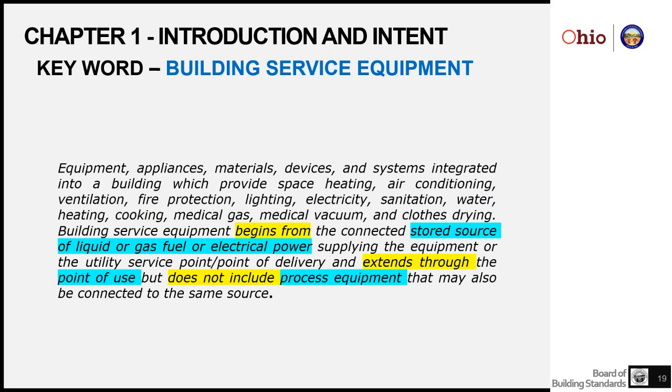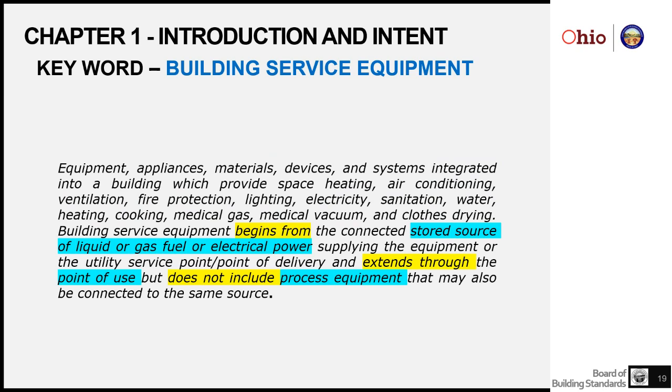There's also in this definition sort of where it starts from and where it continues to. As we all think about building service, we know that power is coming from a utility company, gas may be coming from another utility company. Those are all used within the building to support and provide power to that service equipment.